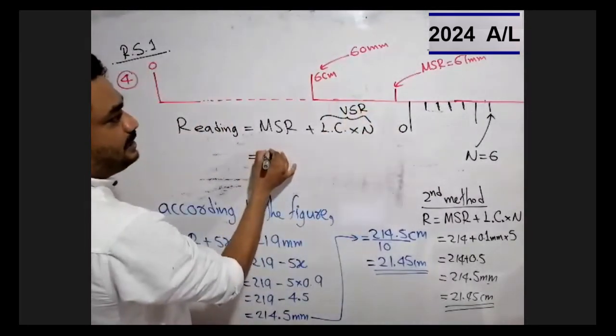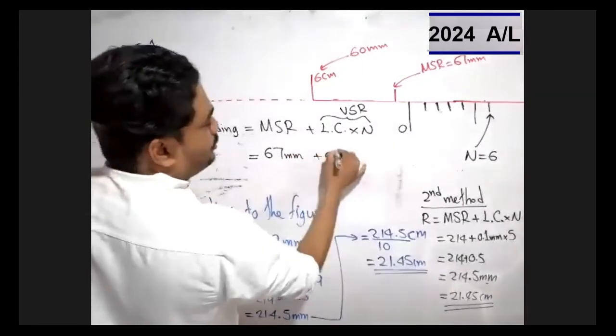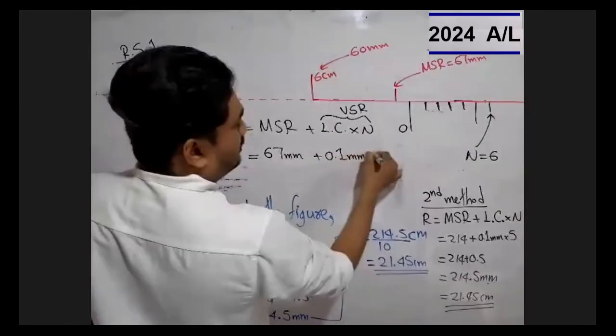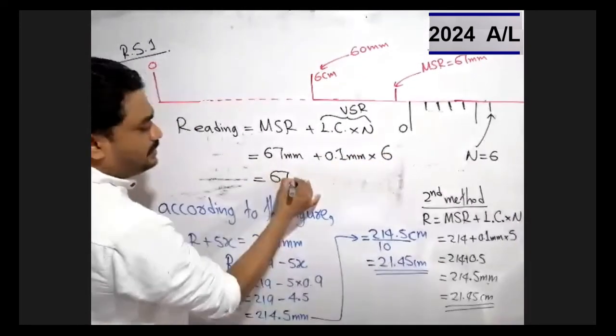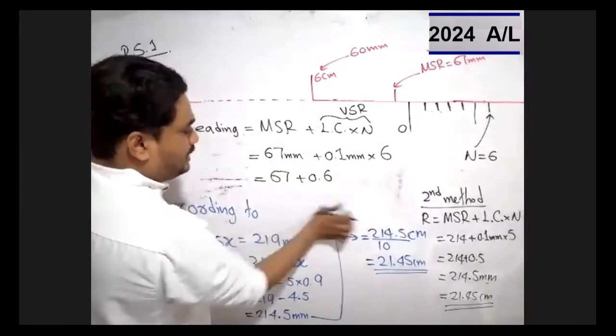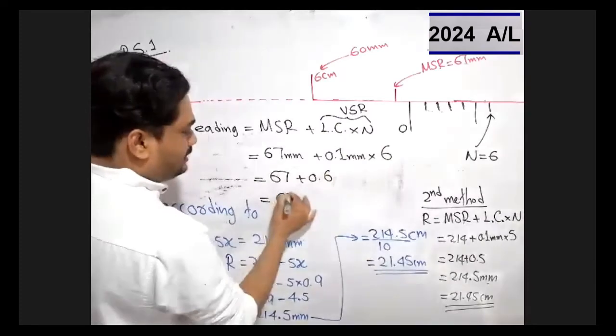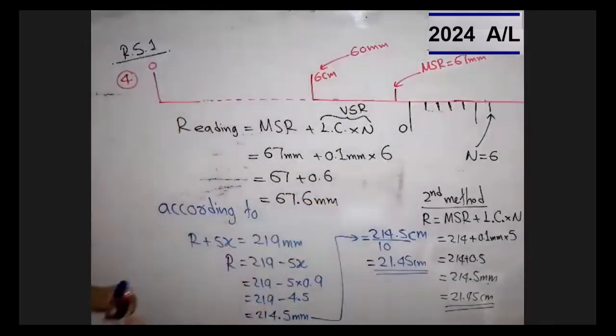Main scale reading is 67 millimeter, least count 0.1 millimeter, the coinciding number is 6. So 67 plus 0.6, the answer is 67.6 millimeter. Who got this answer at home? Anybody in the class?